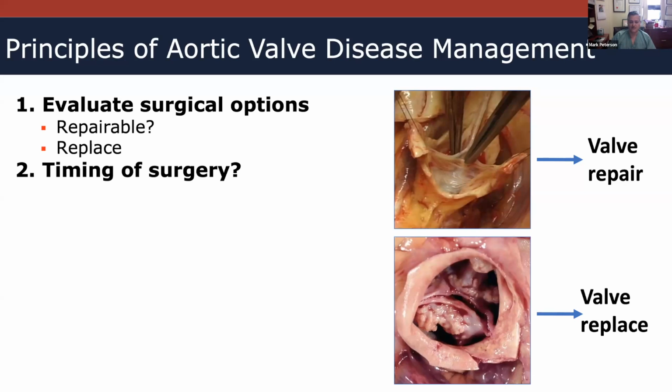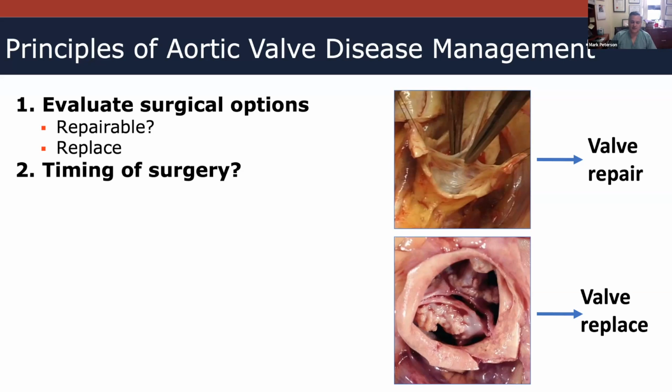The timing of surgery is important. This is usually relatively straightforward in patients who have aortic stenosis, less so when patients have aortic insufficiency. As you all know, many patients enter this latent phase of the disease process, whereby they have severe aortic insufficiency, and if they don't have symptoms, deciding on the timing of surgery is not black and white, and often depends on serial longitudinal assessment of LV function and LV size to help guide when to pull the trigger for surgery.